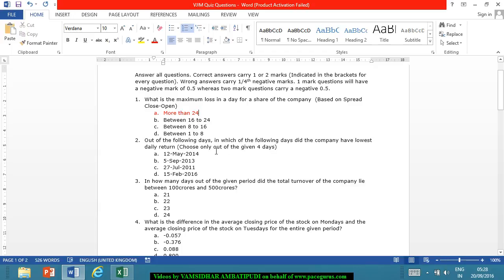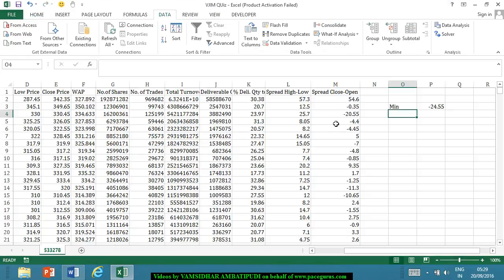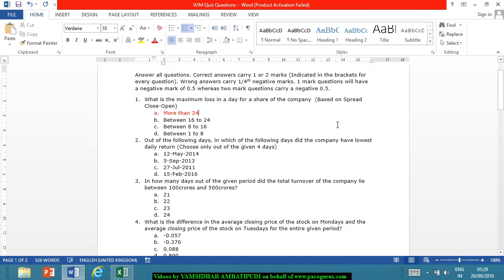Out of the following dates, in which of the following days did the company have the lowest daily return? So I want the lowest daily return. The lowest daily return is nothing but the difference between the closing and the opening price. So I want to find for these 4 days which day the return is the lowest.